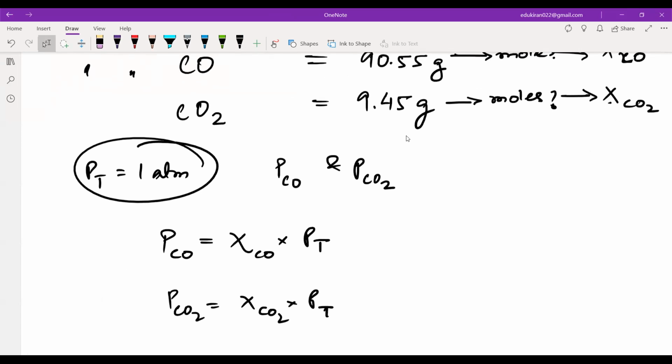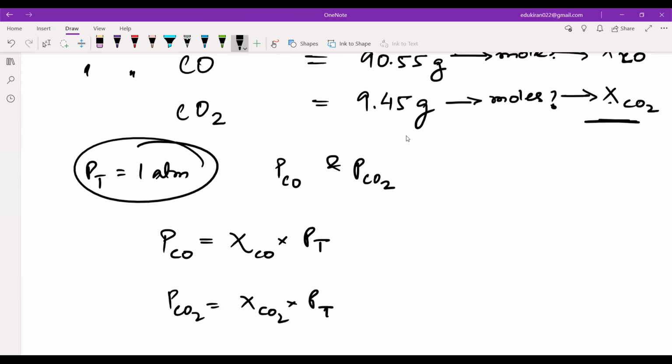Yes or no? Yes, sir. Do you remember this, partial pressure, Dalton's law, from states of matter? Basically, but you don't have to worry so much, because whatever the mole fraction you calculate now will be the partial pressure, because P is equal to 1 atm here. So multiplying by 1 is not going to change anything.